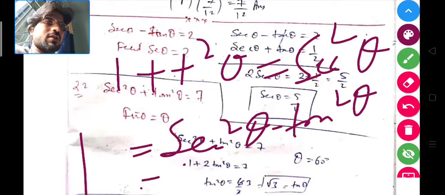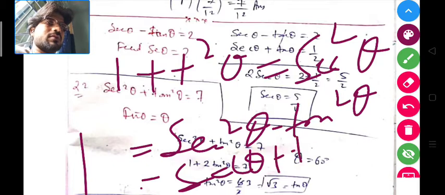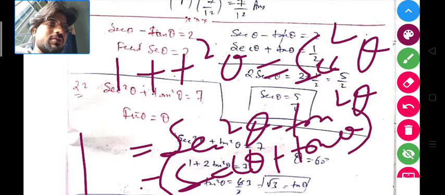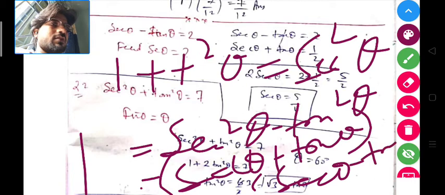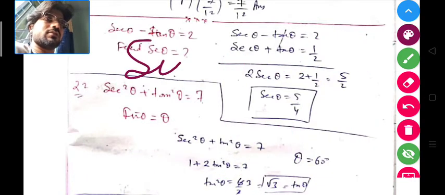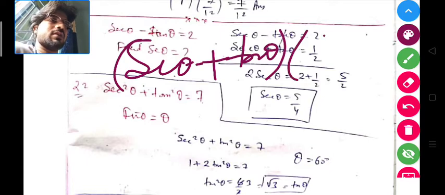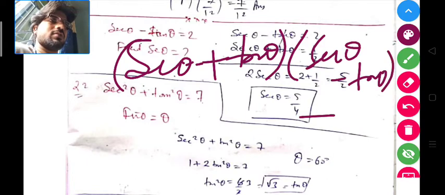So this can be written as a square minus b square, sec theta plus tan theta and sec theta minus tan theta. This is the formula from algebra, a square minus b square, है ना? So sec theta plus tan theta and sec theta minus tan theta is equal to 1.